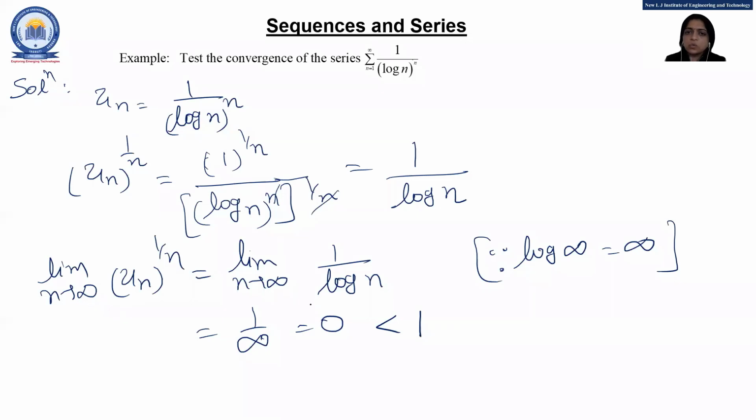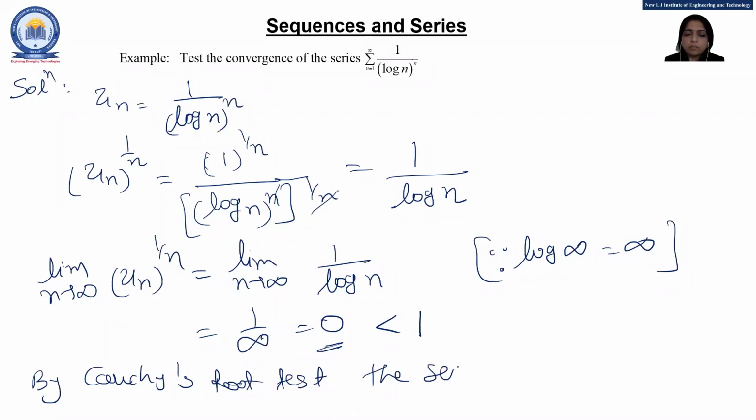As per the rule of the root test, if our limit is less than 1, then by Cauchy root test the given series is what? The given series is convergent by Cauchy root test. Okay, now get it?